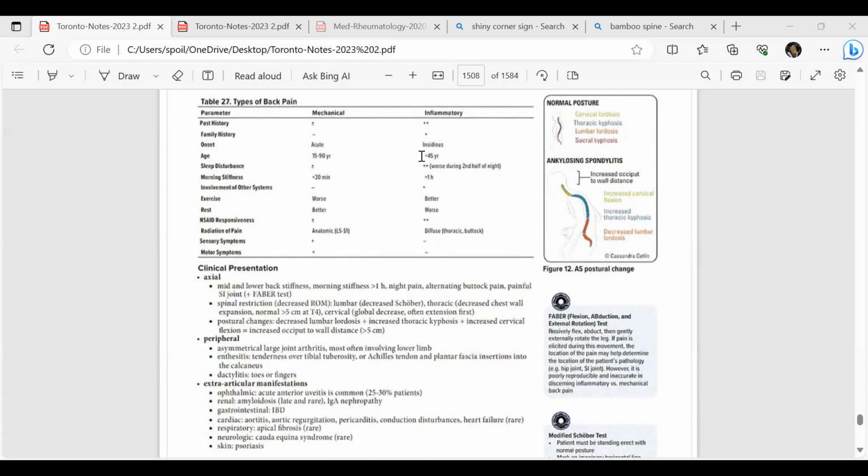So you will wake up because of the pain, and morning stiffness is usually less than 30 minutes in mechanical, whereas in inflammatory it's greater than 1 hour. Exercise worsens the pain in mechanical, whereas in inflammatory it improves the pain.